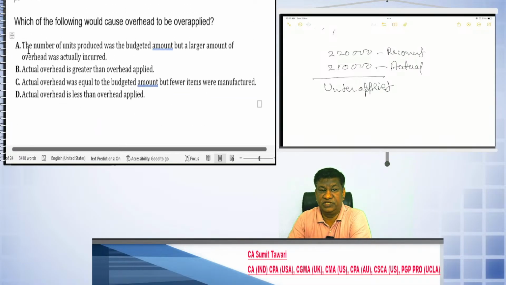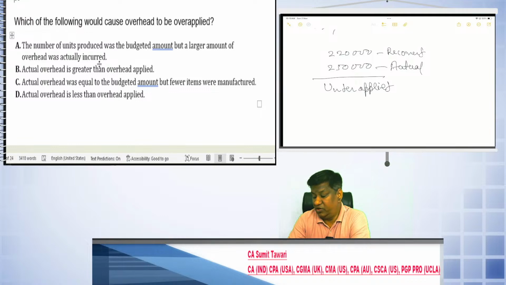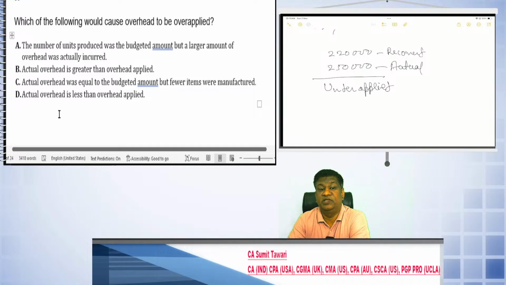If you see A, the number of units produced was the budgeted amount, but a larger amount of overhead was actually incurred. So that means the actual overhead is more. If the actual overhead is more, then it is under applied. That's why in case of A, in case of B, and the same in case of C. So that's why D is the right answer.